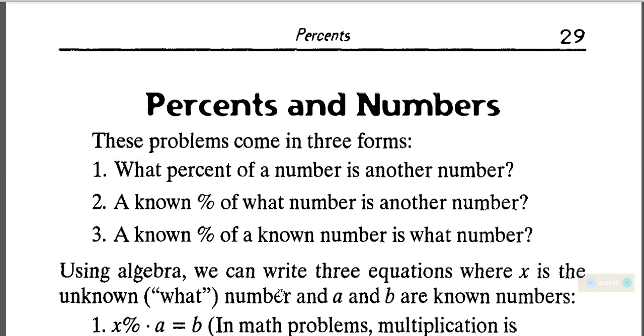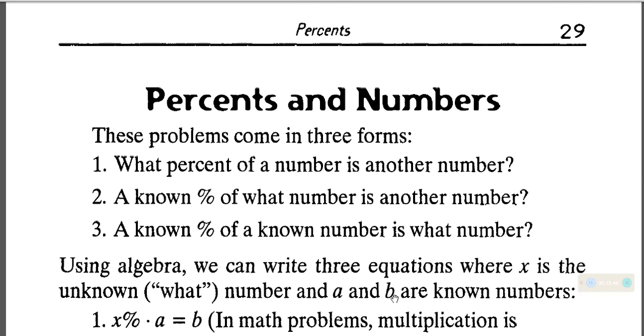Again, of is multiplication. A known percent of a known number is what number? So, meron tayong tatlong format. So, we can write 3 equations where x is the unknown or yung word na what? Number and a and b are known numbers.